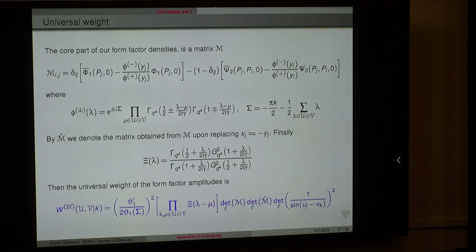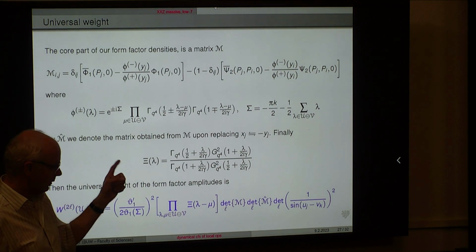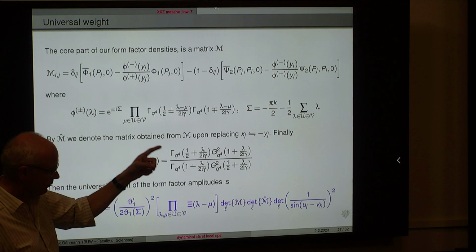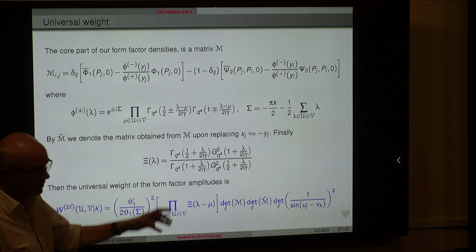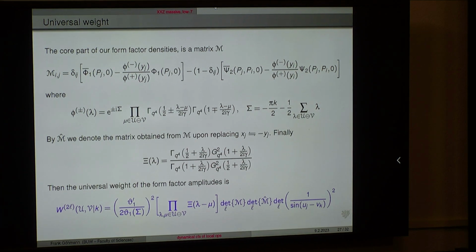If you open the book of Jimbo and Miwa, this is a sum over 2L choose L summands, which are multiple integrals, right? So in a sense we have calculated these integrals and summed up an exponentially large number of them. And this gives this answer.